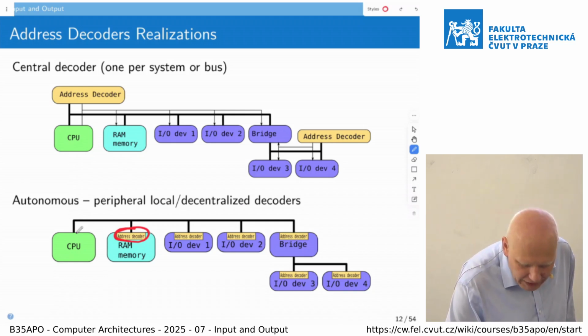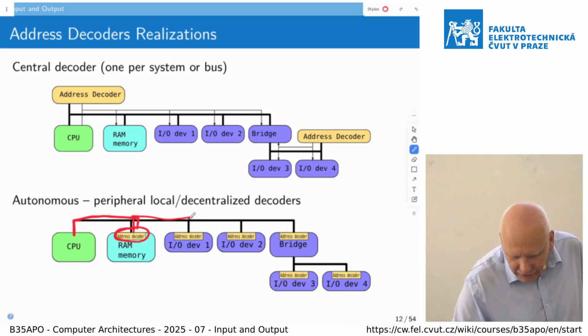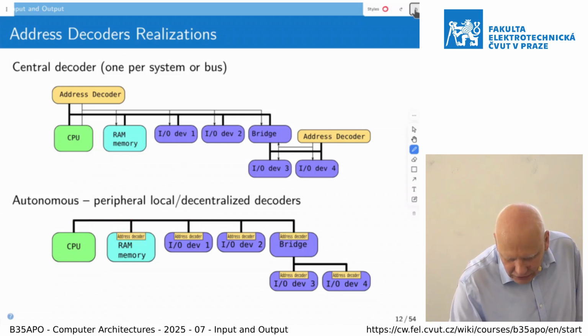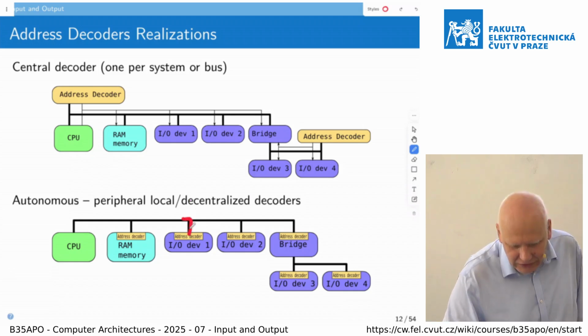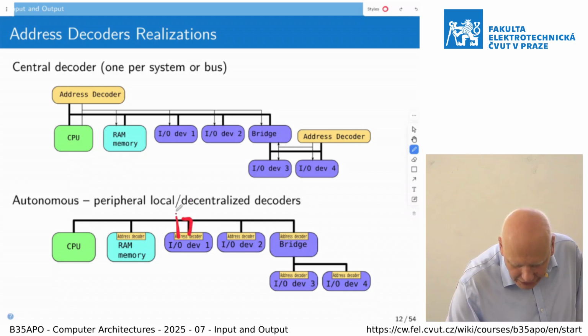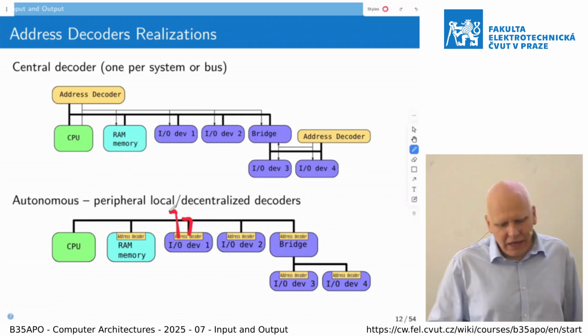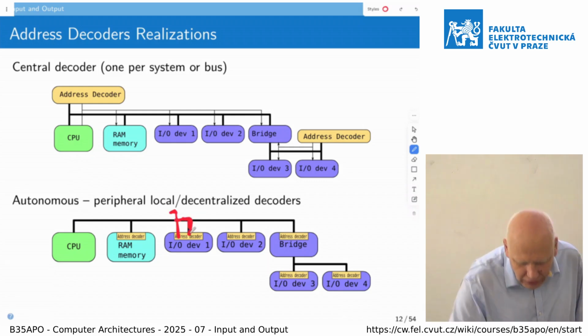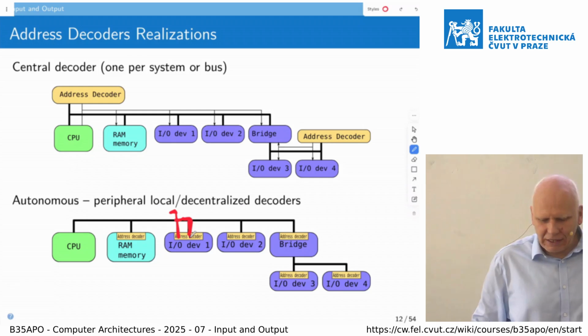And at the moment when the processor writes to an address which matches the range mapped to a given device, then the device responds, okay, I am here, and starts to communicate and accept data from the processor.